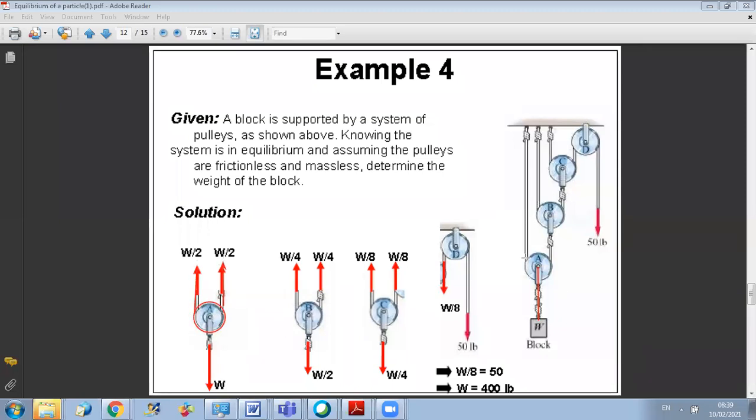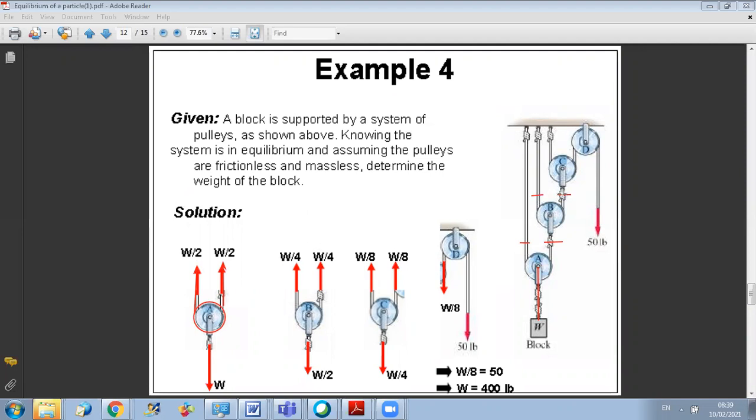Then we can say that the force in this cable here is equal to W over 2. So when I isolate pulley B, the force acting on it downward will be W over 2. So each force here in the upper side will be equal to W over 4.